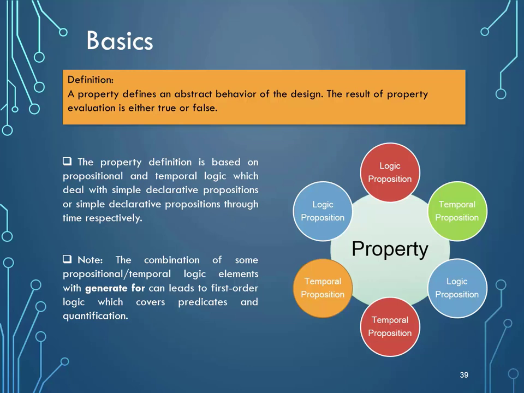And they use first order logic to perform that operation. So a property can be understood as a combination of temporal propositions, all happening at the same time or at different times, but they must be present so that the simulator can interpret the language and define that it is a property.